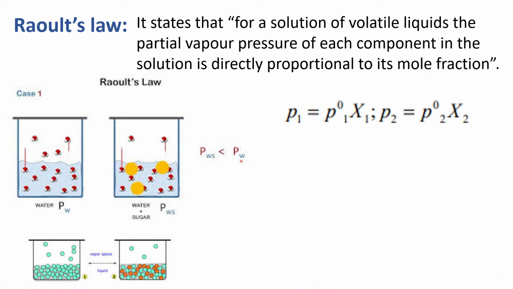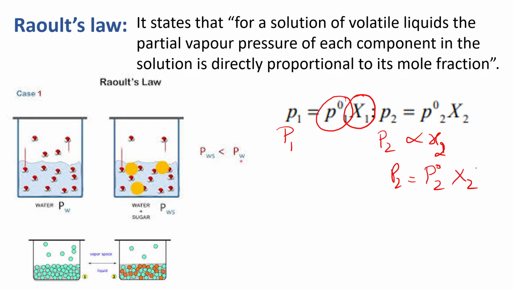So let us first understand that the partial pressure of 1 is directly proportional to the mole fraction of the component, and we remove the proportionality sign by writing the P naught value. Similarly, the partial pressure of 2 is directly proportional to the mole fraction of 2, and we remove the proportionality sign in the same manner.